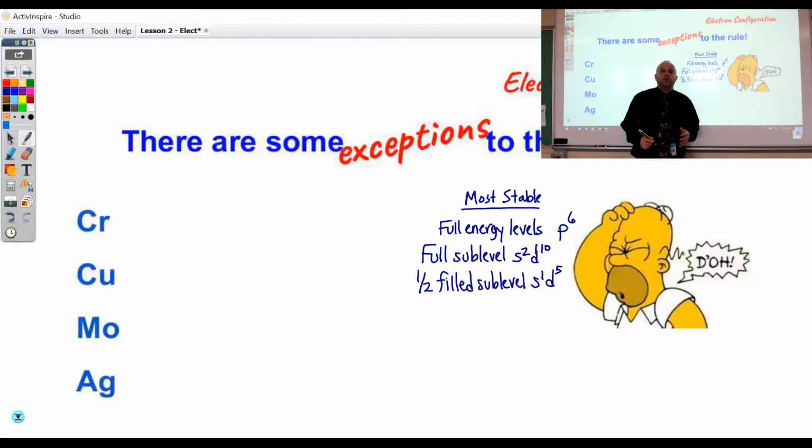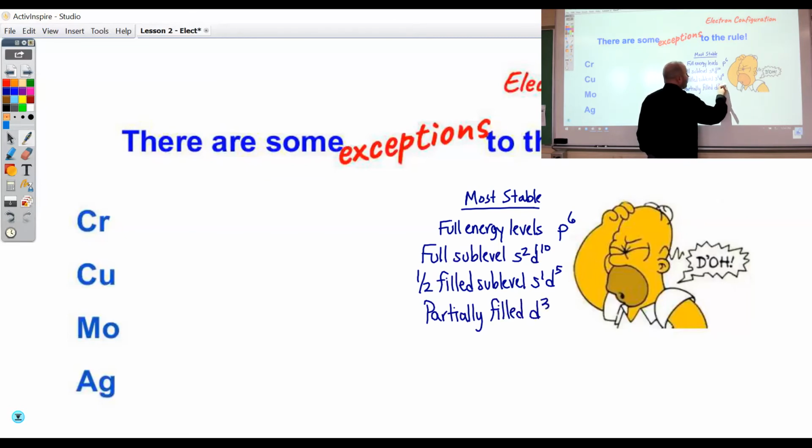And the least stable would be something that is partially filled. There are a whole bunch of examples I could include for this. A partially filled sublevel would be something like a d3 or a p2. These are the least stable.